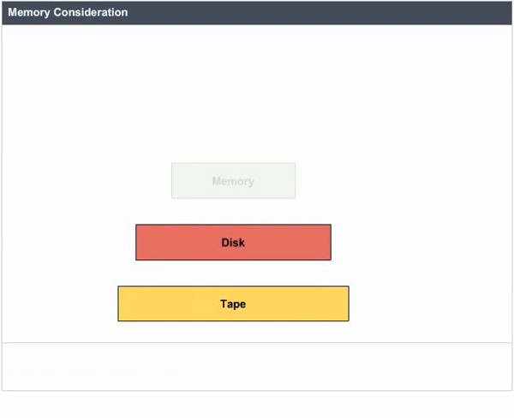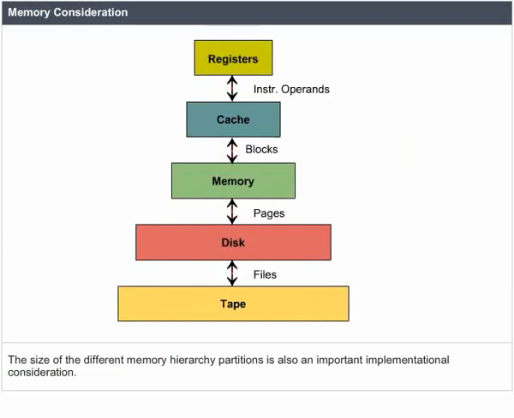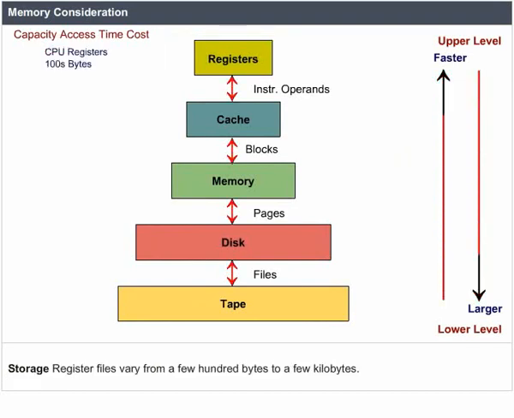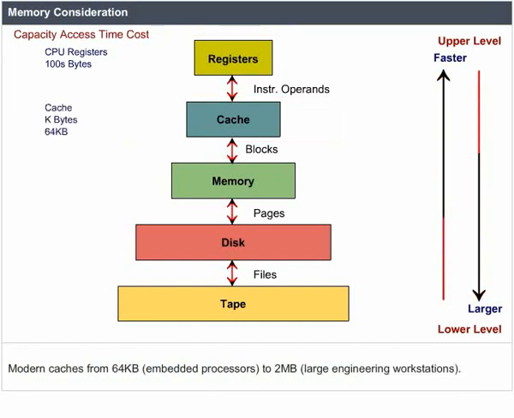Memory consideration. The size of the different memory hierarchy partitions is also an important implementational consideration. Storage. Register files vary from a few hundred bytes to a few kilobytes. Modern caches vary from 64 kilobytes in embedded processors to 2 megabytes in large engineering workstations.